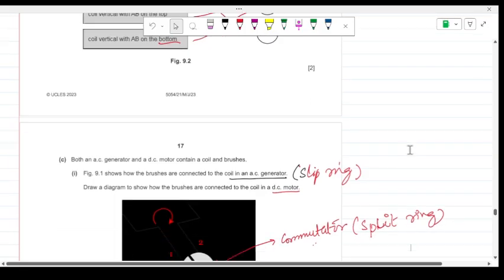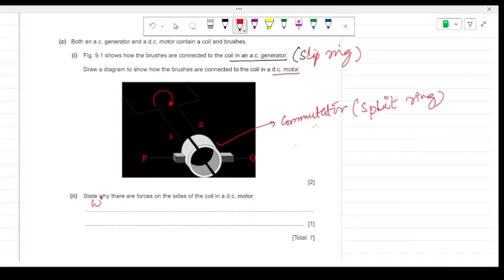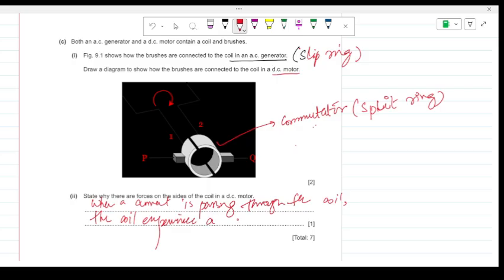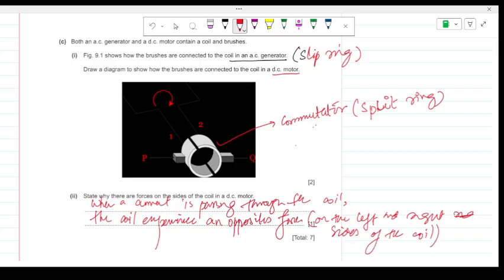When a current is passing through the coil, the coil experiences a magnetic force, with opposite forces on the left and right sides of the coil, and this generates a torque on the coil.